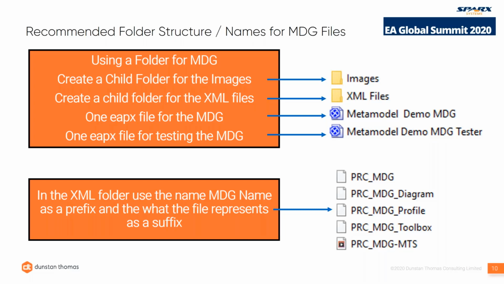Then I suffix it with what it's being used for. So if it's a profile, _profile, the toolbox, etc. This allows me to pick up the right file at the right time. And you'll see how important this is when we go through the generation of an MDG.